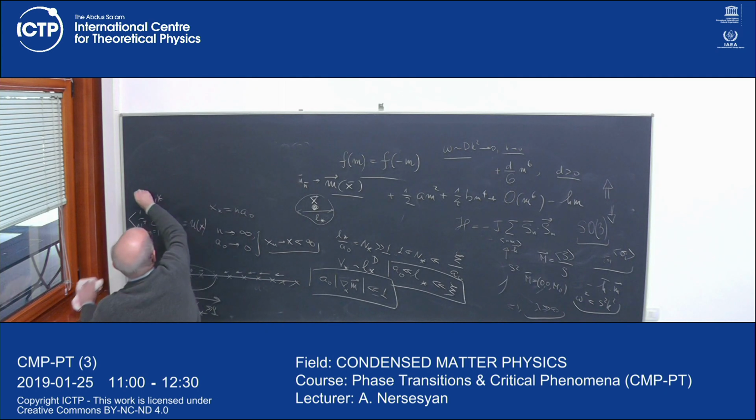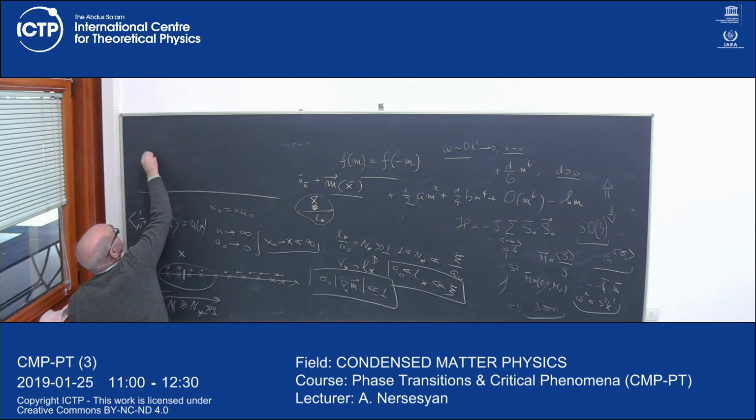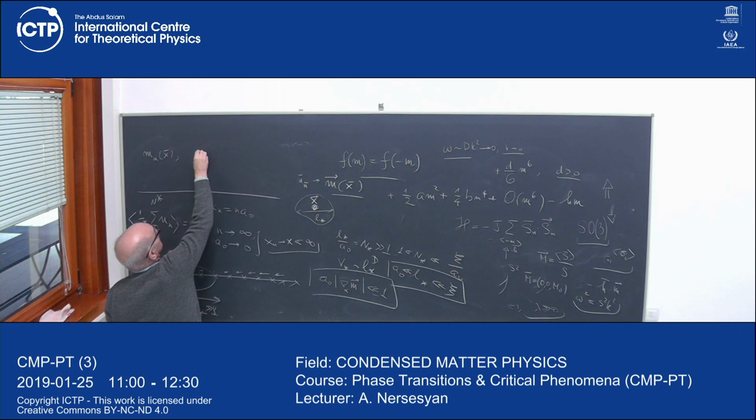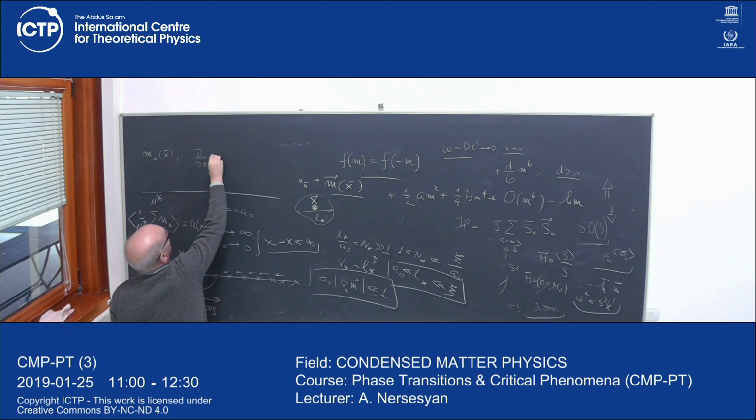The theory should be formulated in terms of magnetization. Call it m alpha as a function of x, and its gradients d dx alpha and beta generally.